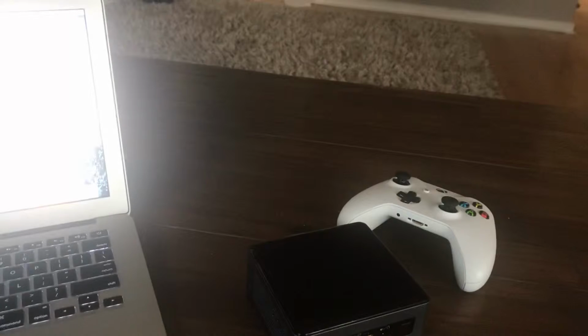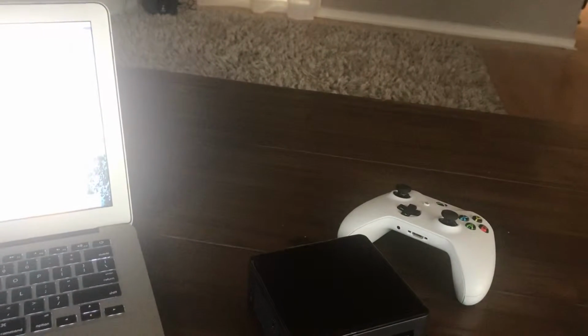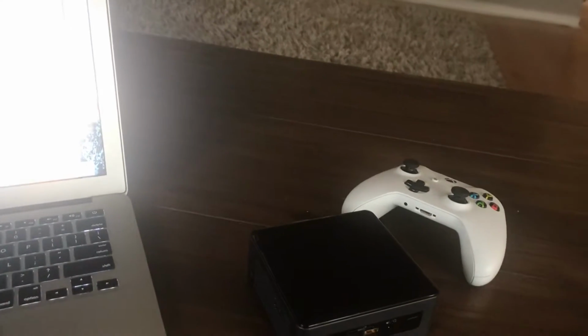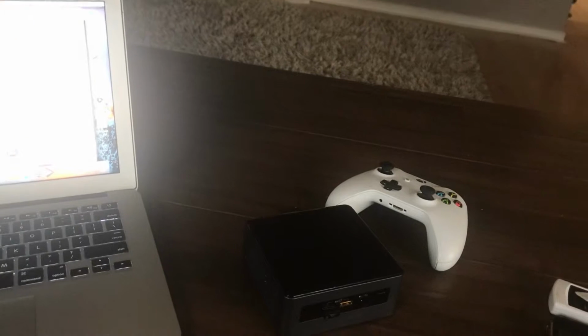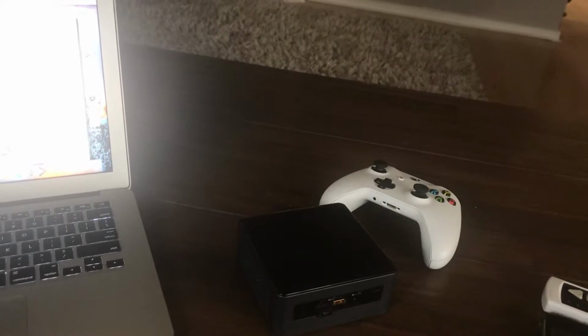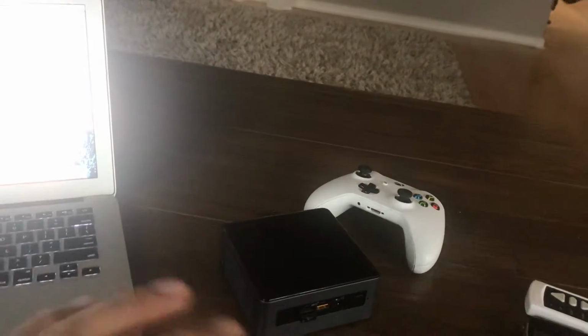Also, there's an option which is basically like a UHD quality, which my projector supports.